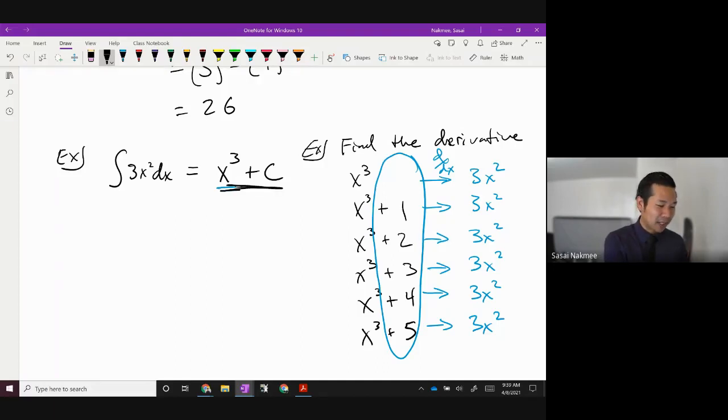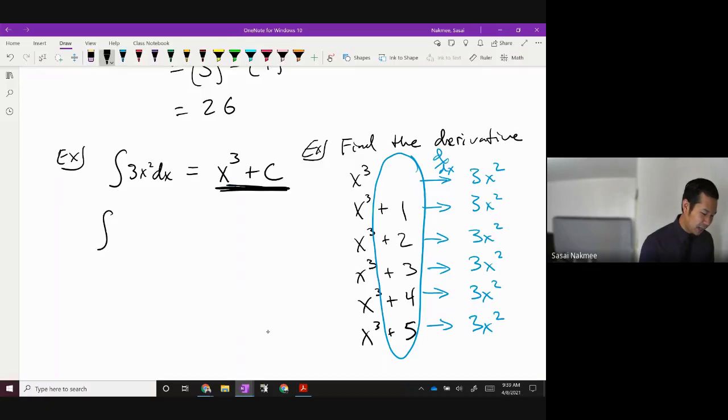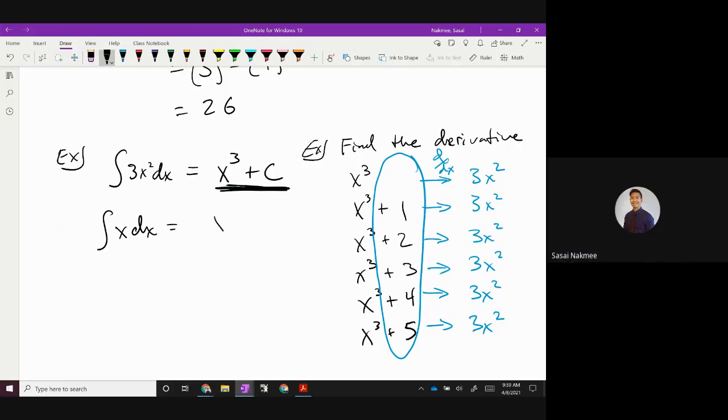A lot of them will tell you to make sure you don't forget this plus c if you're doing an indefinite integral. If there's no numbers for your a and your b, the antiderivative still holds true. If I say, what's the antiderivative of x dx? That's going to be equal to x squared over 2, but don't forget the plus c. That's all it is.